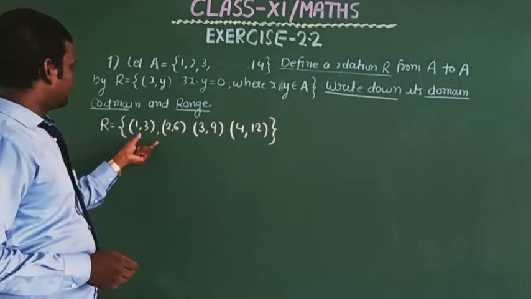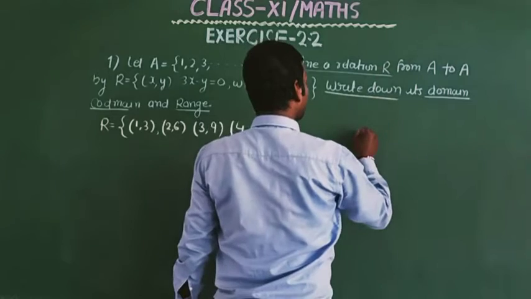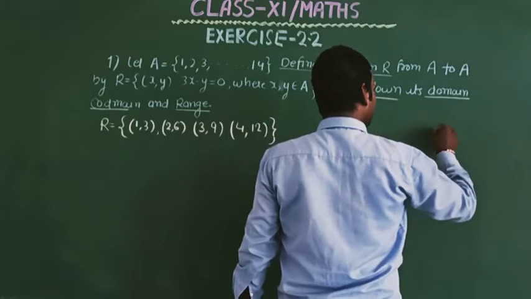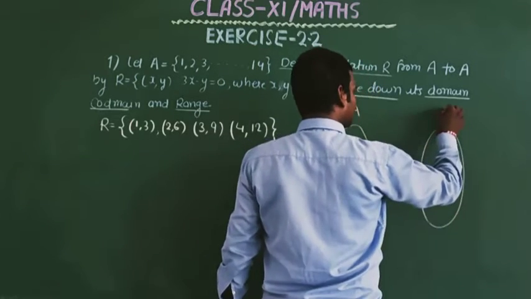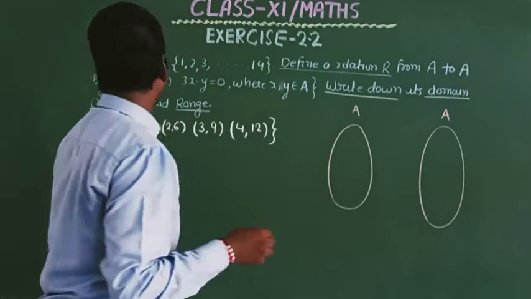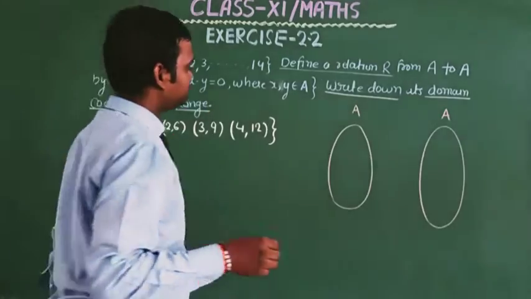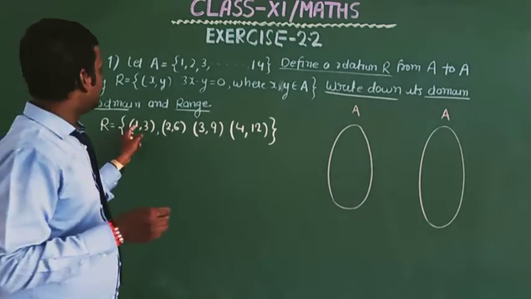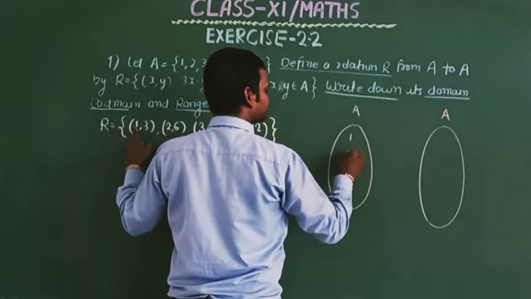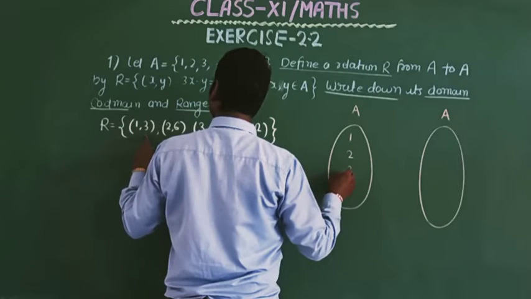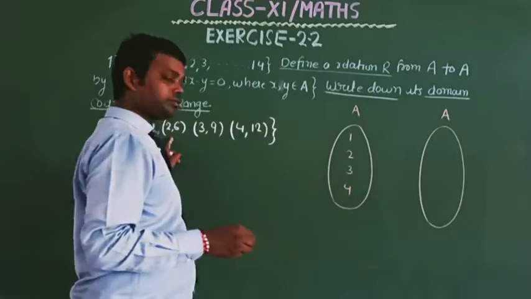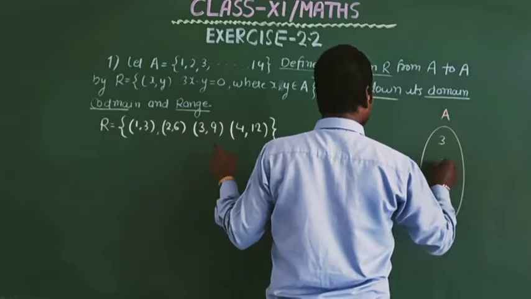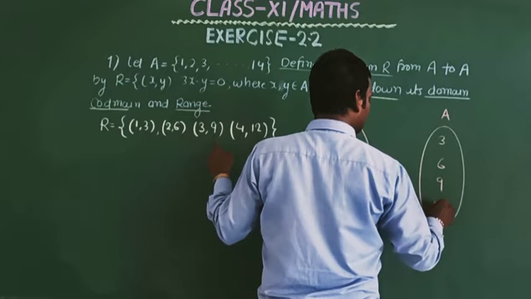Let us draw the arrow diagram of the relation. Suppose here is the set A and this is the set A, because the relation is defined from set A to A. So in the relation, the first elements of the ordered pairs are 1, 2, 3, 4, and the second elements are 3, 6, 9, 12.